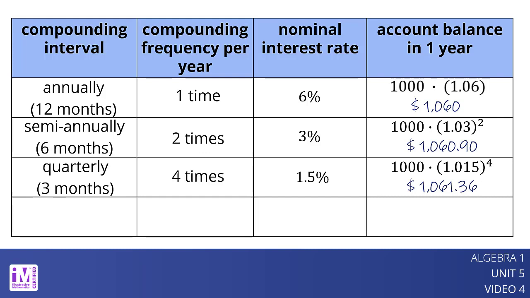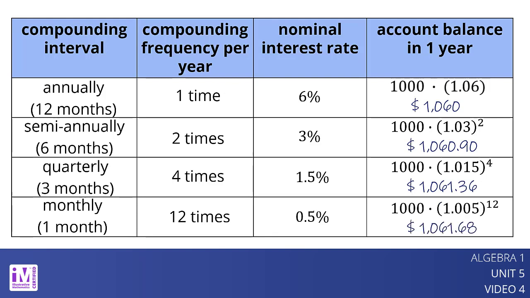We already saw that if the account is compounded every month, it will have 12 interest calculations at 0.5%, with an account balance after 1 year of 1,000 times 1.005 to the 12th, or $1,061.68. Notice that the more frequently interest is compounded, the greater the balance is.